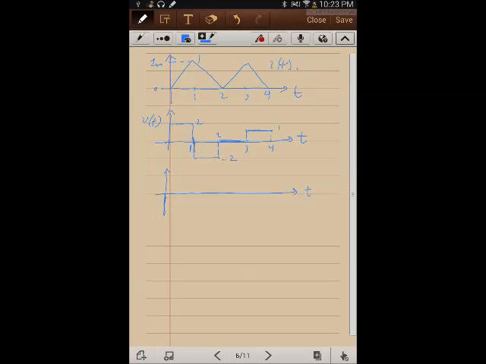So from 0 to 1, this is at 0, it's like 0 multiplied by 2, it's 0. Then 1 multiplied by 2, it's 2. So it's 2 here. Then here it's minus 2. So it will be 1 multiplied by minus 2. It gives us minus 2 here.